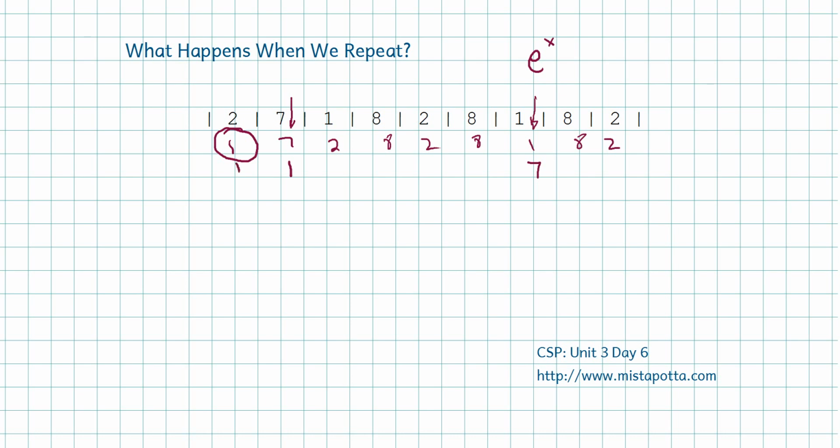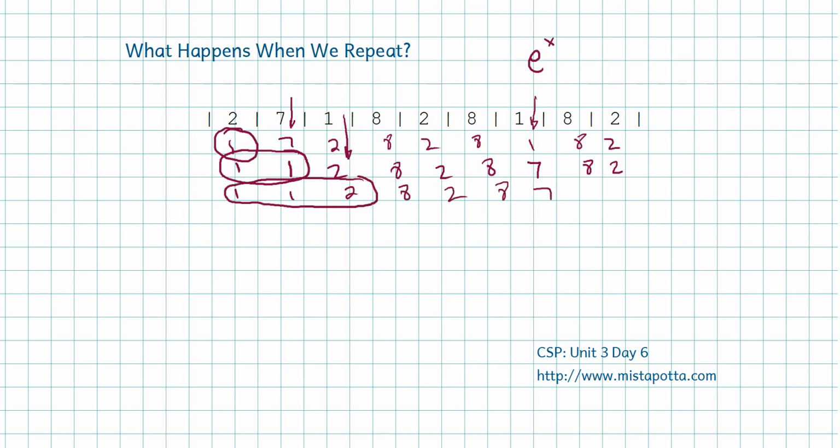Everything else drops down. And now I know that these are in order. So now this is my new spot. That's a 2. 2's not less than 2. So this doesn't change. And so now this 1, 1, and 2, these are all the same. And everything else drops down.